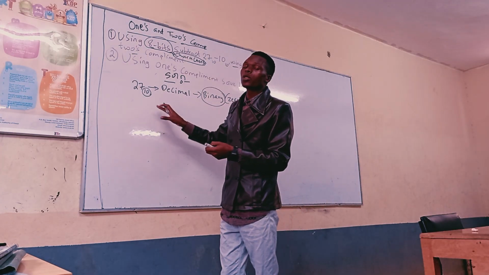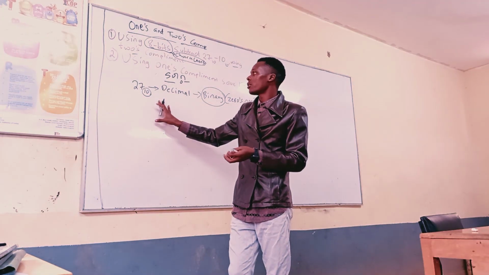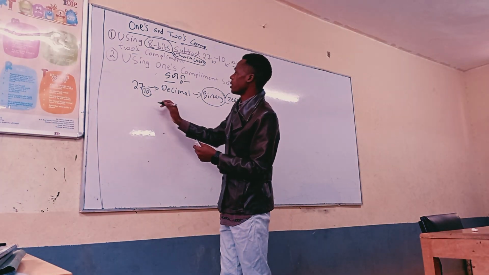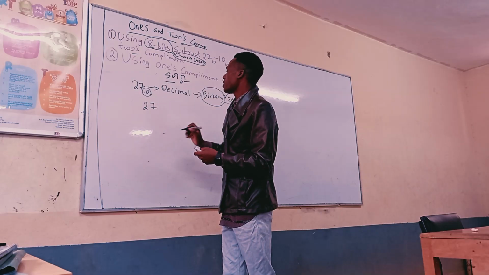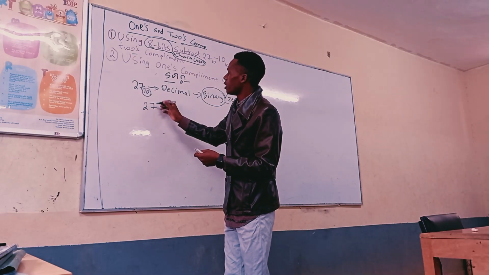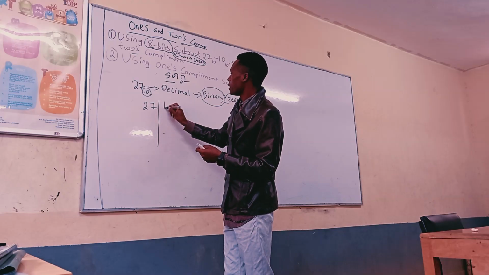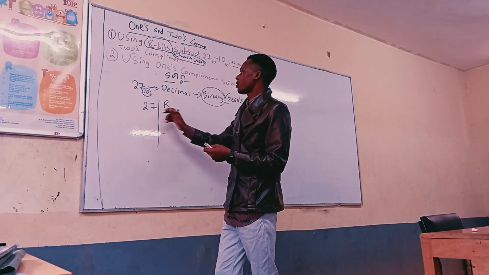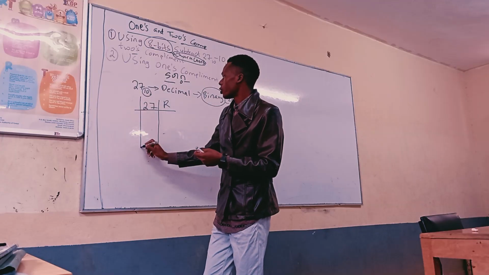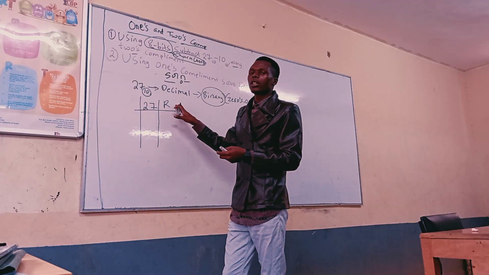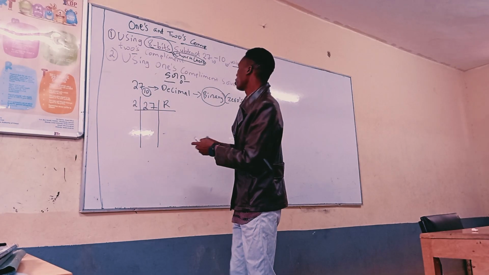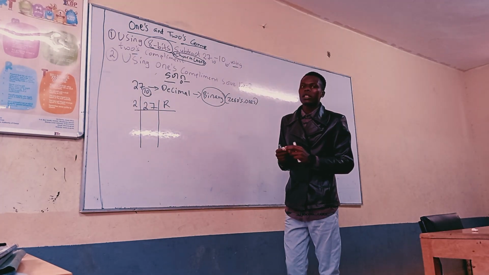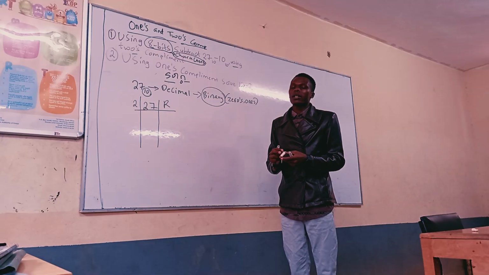So let's convert this one. We'll be using long division to convert this. How do we convert the decimal number to binary? You write the number, you write the R, which is the remainder. So we are dividing and allocating our remainder. We are dividing by 2 because the base for binary is 2.